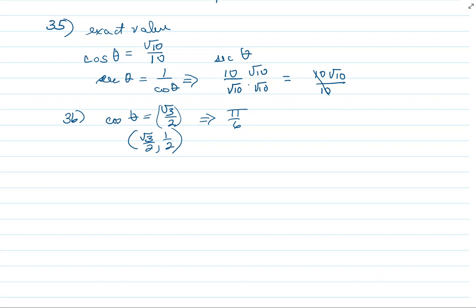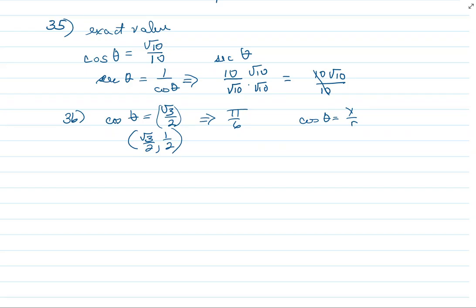We could also work it the way they want: the cosine of theta equals x over r, and use the Pythagorean theorem to get the other part, but I'm pretty sure it's a half.